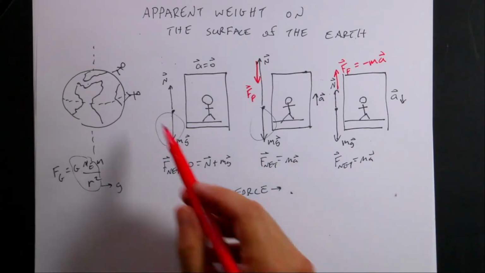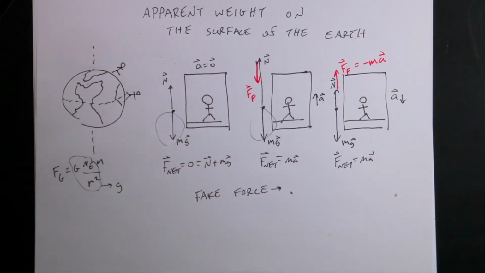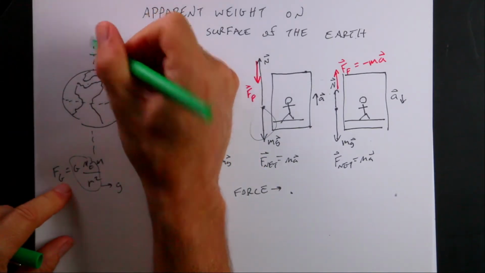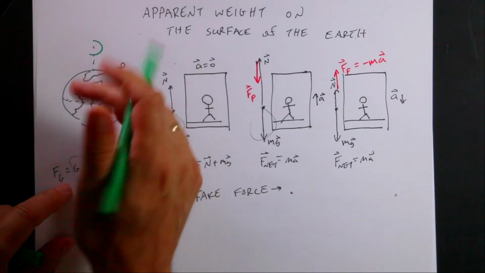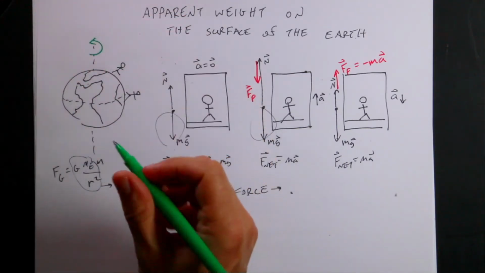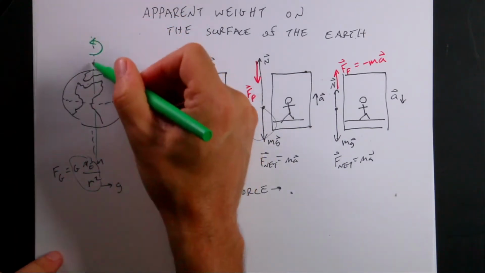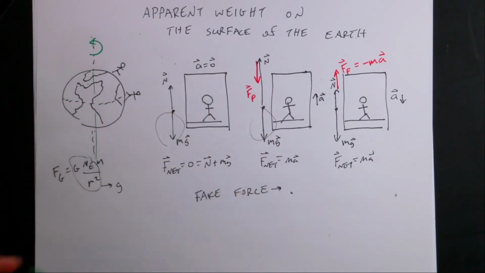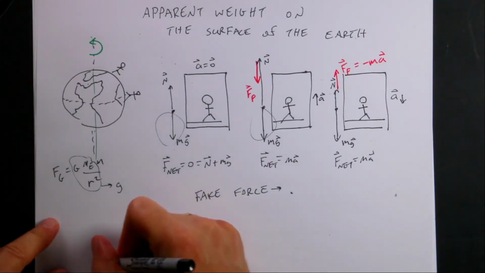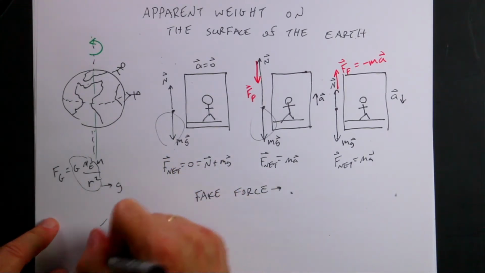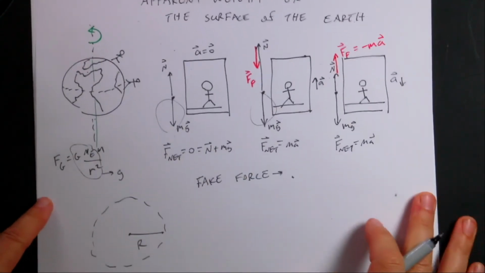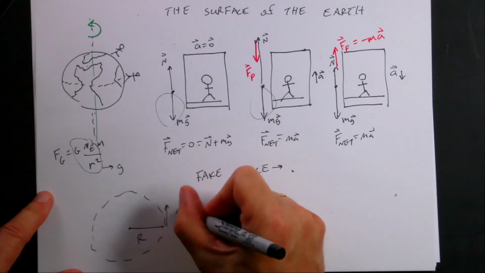So the key here is I want to add a fake force to my rotating Earth. So the Earth is rotating. Actually, which way would it be? I think it rotates this way if you look at it that way. This is the axis. This is the North Pole, the South Pole, the equator. And it rotates around. If you're moving in a circle, here is an object moving in a circle. Right here, it has a radius r, and it's moving this way with the velocity v1.